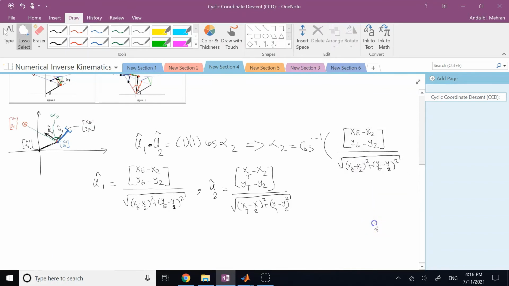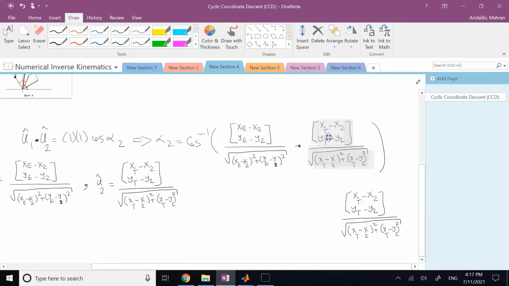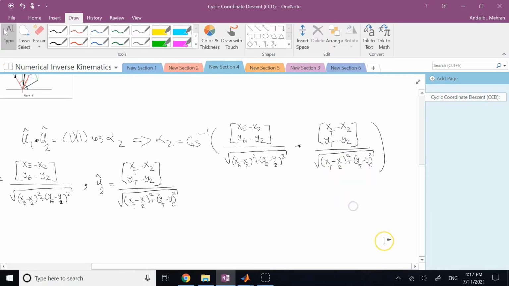So it is this one dot product with this one. Done. That gives you the angle for joint number 2.